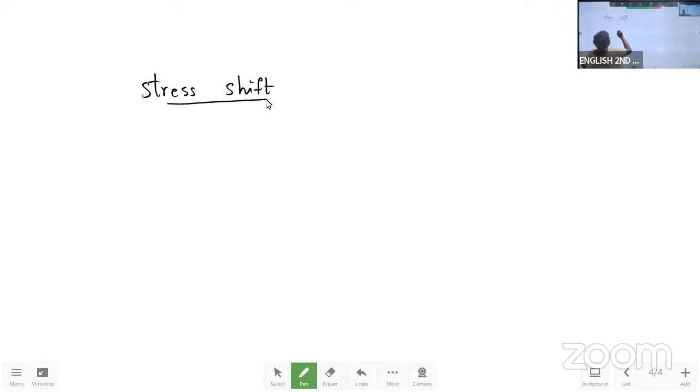When we learned about the prefix, here we have the suffix. So what are suffixes? For the root word, you add more. There is a stress shift, like economy, where the stress is on the second syllable.